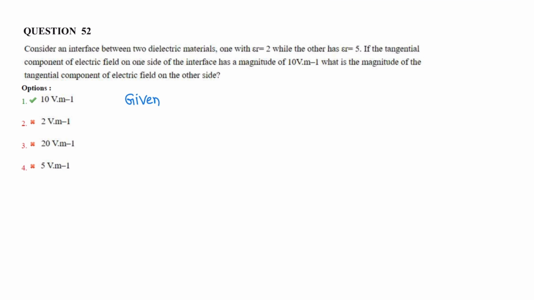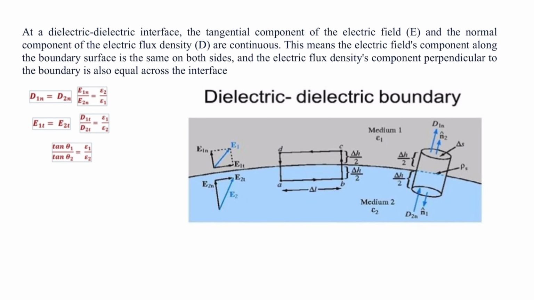Next question. Consider the interface between two dielectric materials. So if there are two dielectric materials, that is a dielectric boundary, where for medium 1 relative permittivity is epsilon 1, and for medium 2 permittivity is epsilon 2.